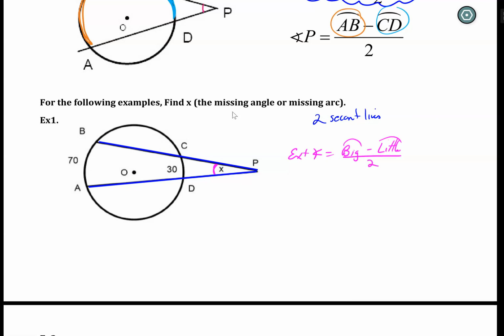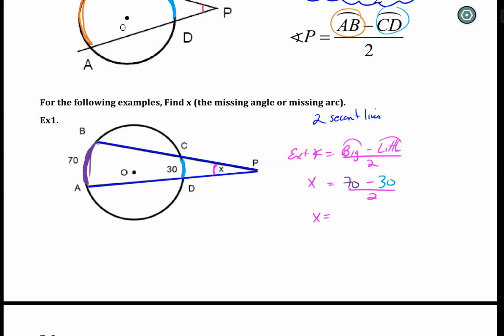all divided by 2. In this case, we don't know the angle. That's my x. I look here and see the big arc, which is the arc further away from the angle we're looking at, and that is 70. We're going to subtract the smaller arc, the arc closer to the exterior angle, so that's 30, all divided by 2.